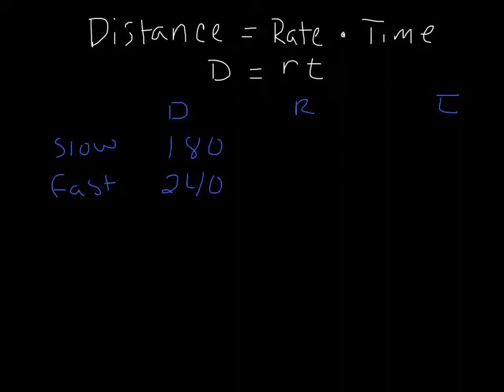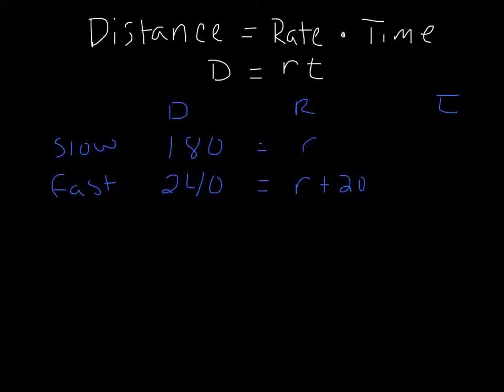We also know that one car travels 20 miles an hour faster than the other car. We don't know exactly how fast they drive, so the slow car's rate is R, and the fast car is its rate plus 20 miles an hour, right?